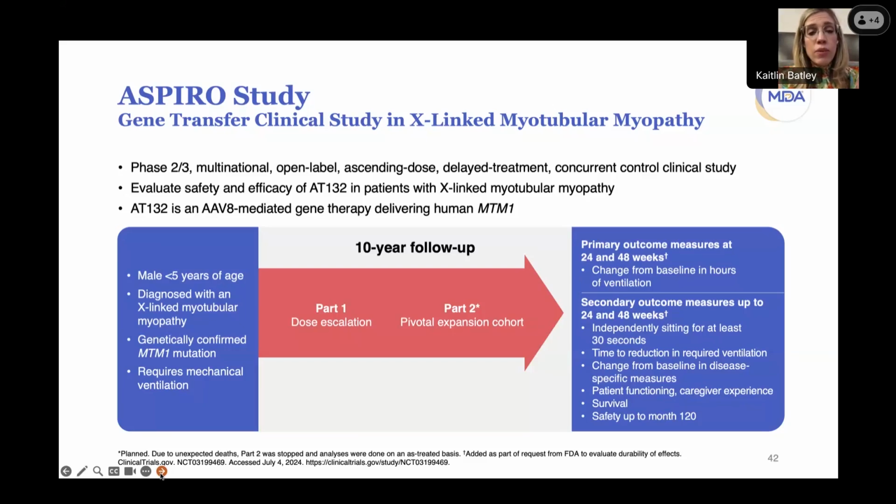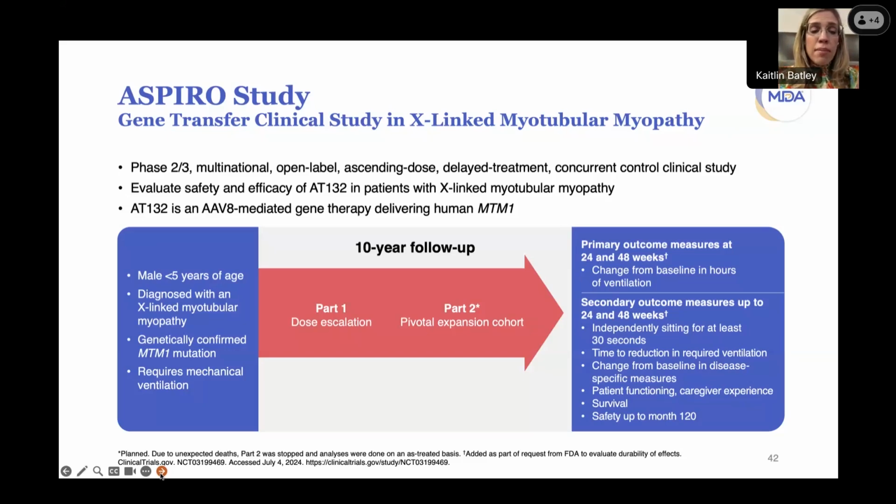So the boys that were enrolled in this, and I say boys because a reminder, this is the X-linked condition, were less than 5 years old. They had a genetic diagnosis of myotubular myopathy with a confirmed genetic mutation. And because of the nature of this condition, all of these boys were on mechanical ventilation.